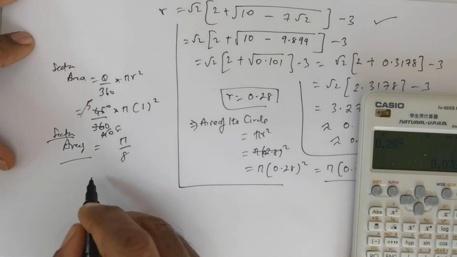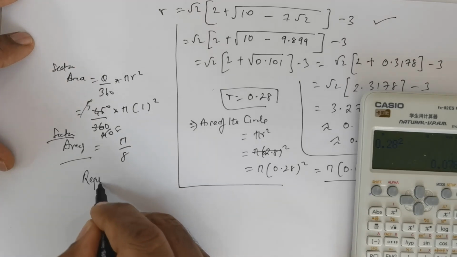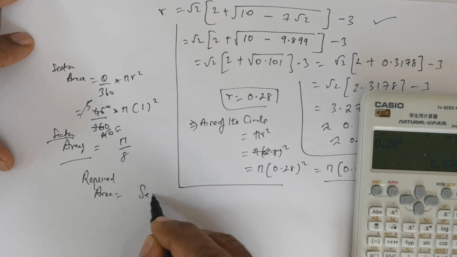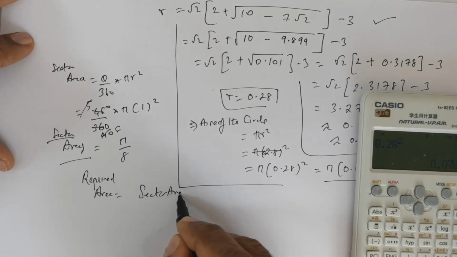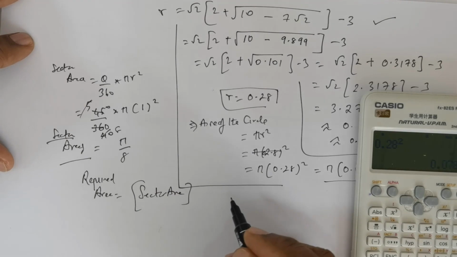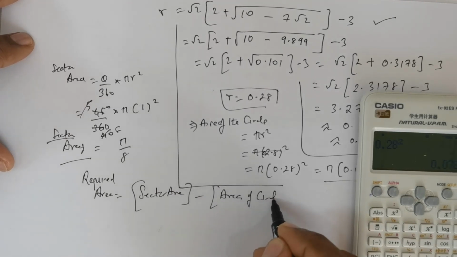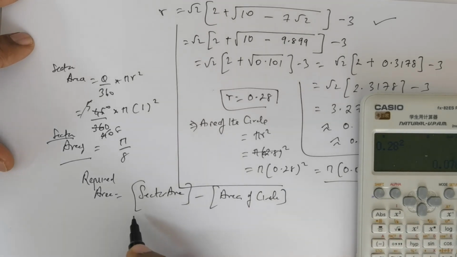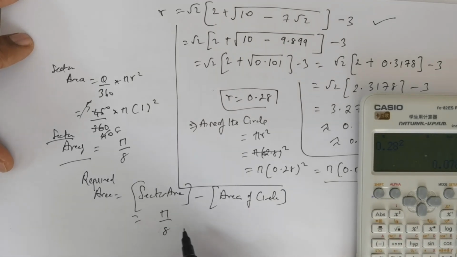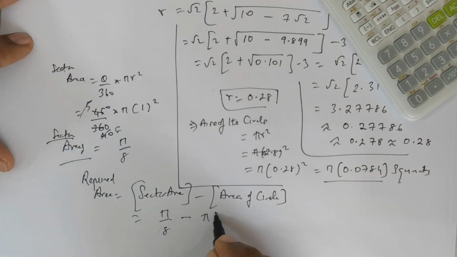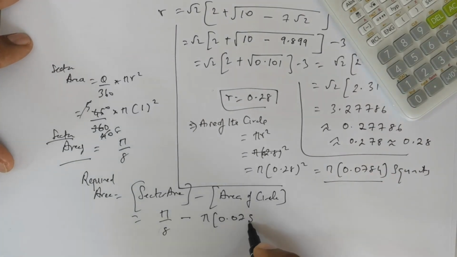Now as I mentioned to you, I am looking to find the shaded region, right? So the required area is from the sector area, I will take away the area of the circle, right? So sector area is pi over 8 and circle area is pi times 0.0784.